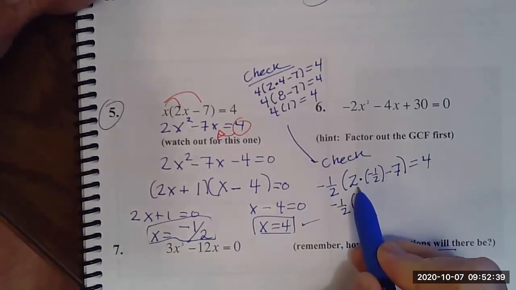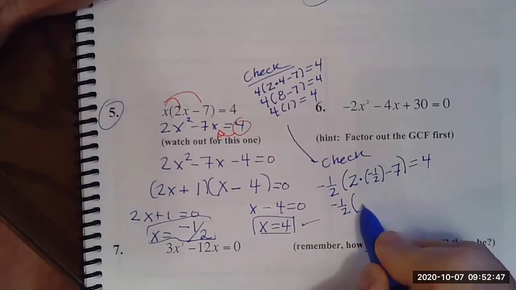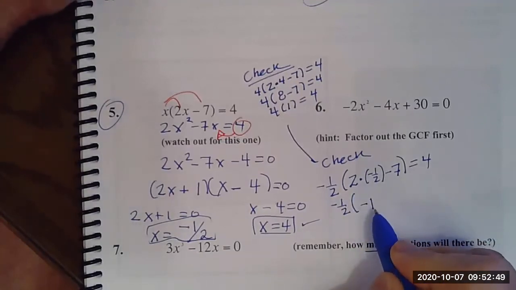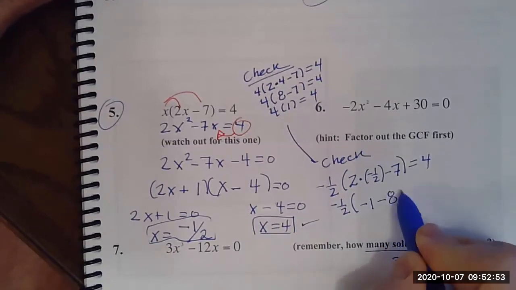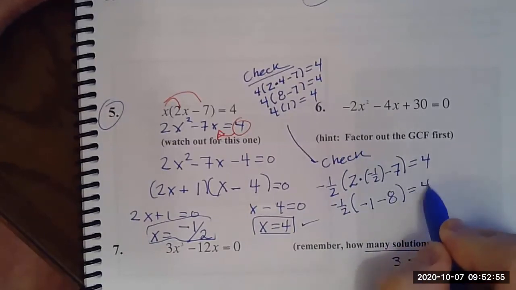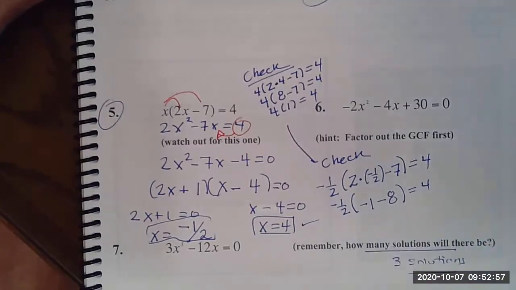So in here, I'm going to do 2 times negative 1/2, or what's half of 2 with a negative? Negative 1. Half of 2 is 1, and it's got to be negative. Subtract 8, it's supposed to equal 4. Excuse me, subtract 7, my mistake.